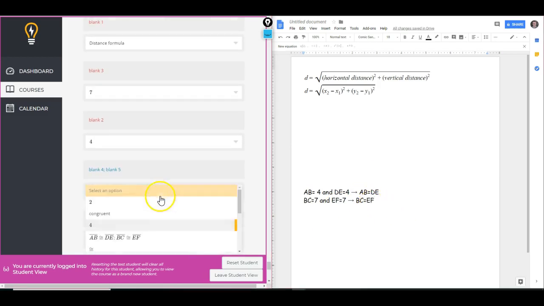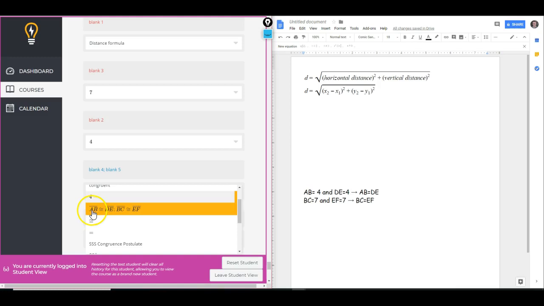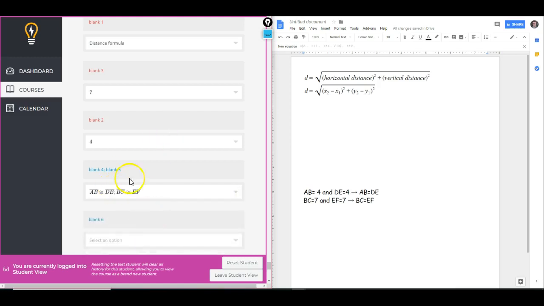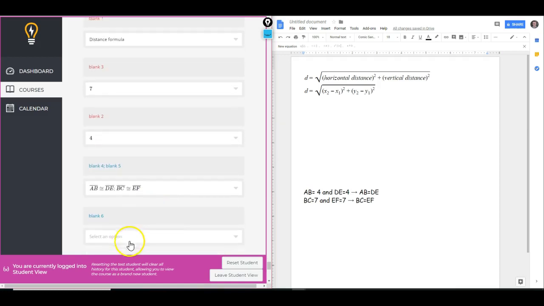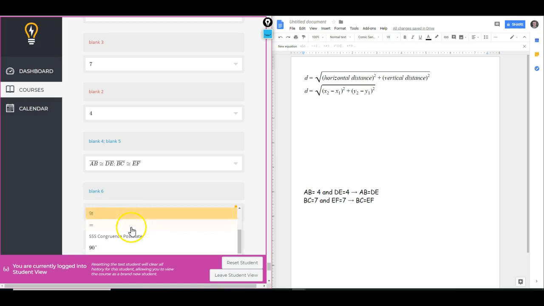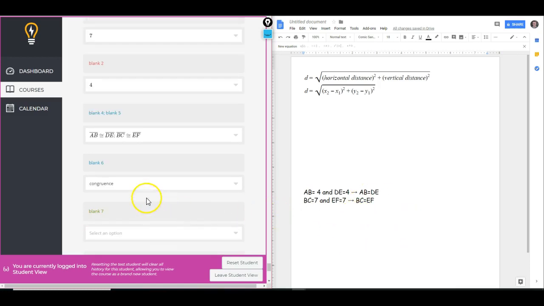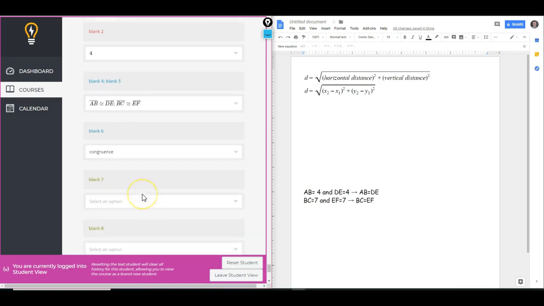So for blank 4 and 5, we're looking for segment AB is congruent to segment DE, and segment BC is congruent to segment EF. By using the transitive property and the definition of congruence, since they have the same side lengths, they are congruent in size and shape.